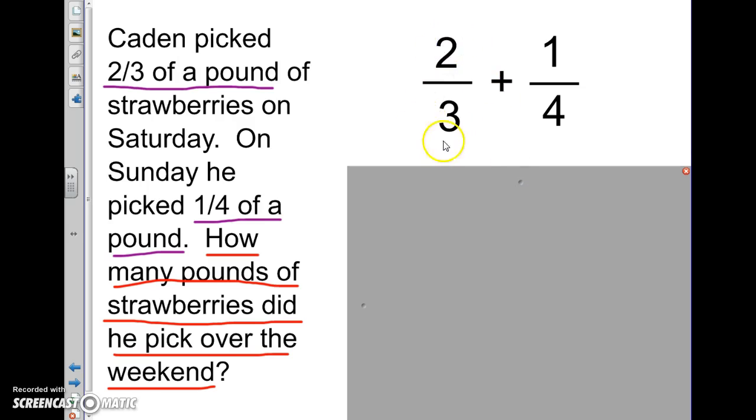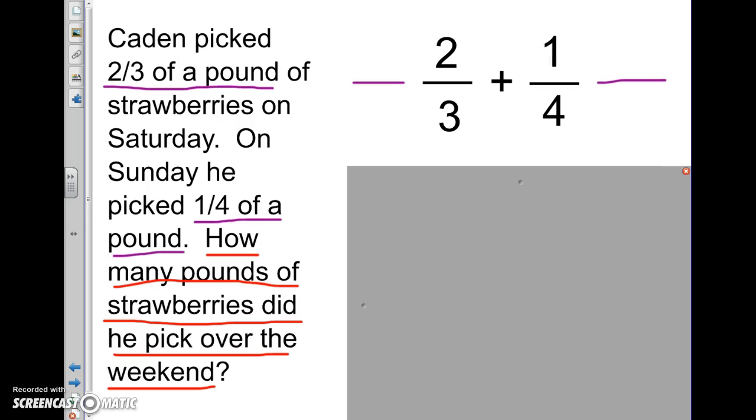But as you know, we can't add unlike fractions just by adding across because they have different denominators, which means they're different size pieces that we're talking about. So we are going to have to find equivalent fractions for each of these where they'll have a like denominator.